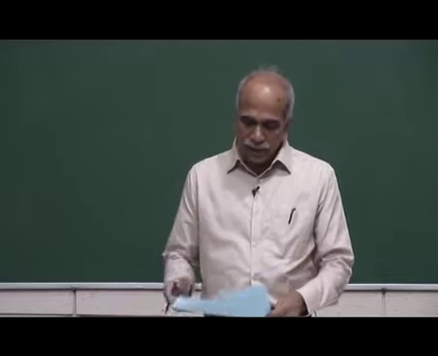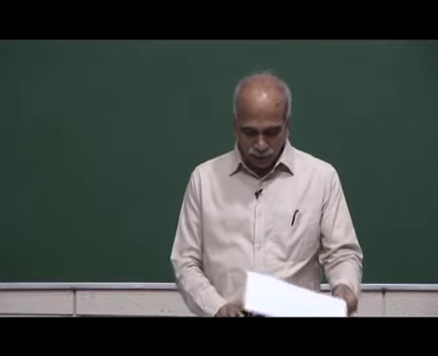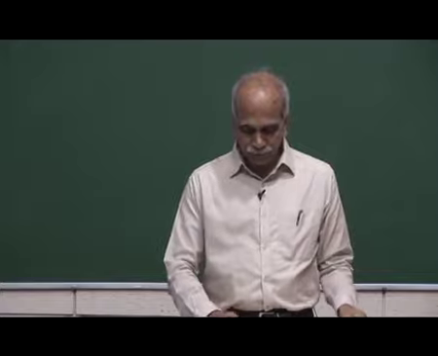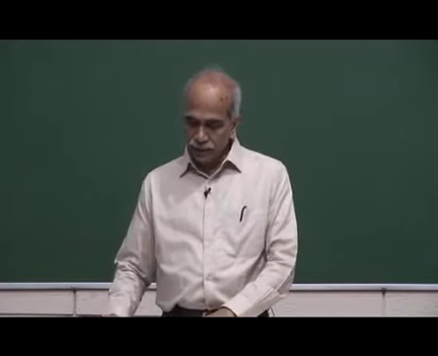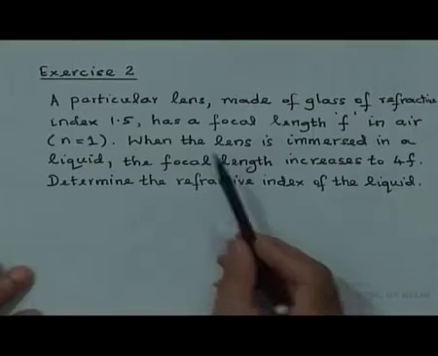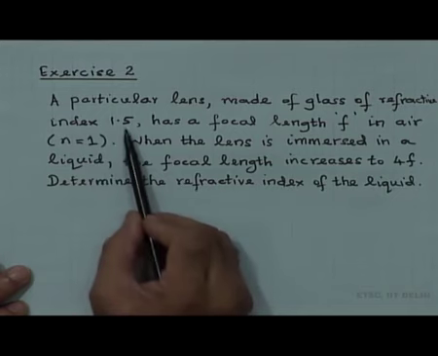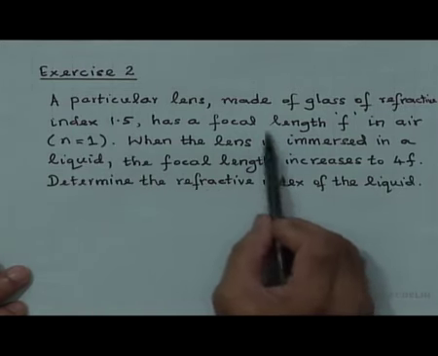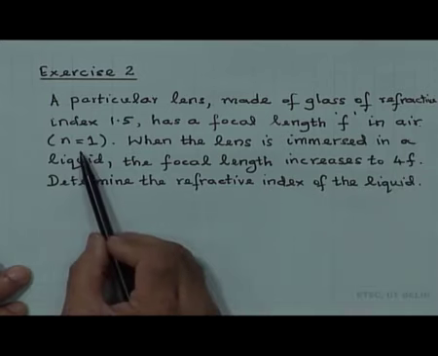So, let us take a second example. Exercise 2. A particular lens made of glass of refractive index 1.5 has a focal length f in air, that is n equal to 1.